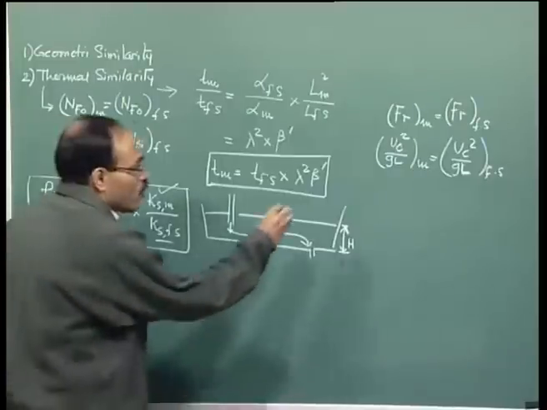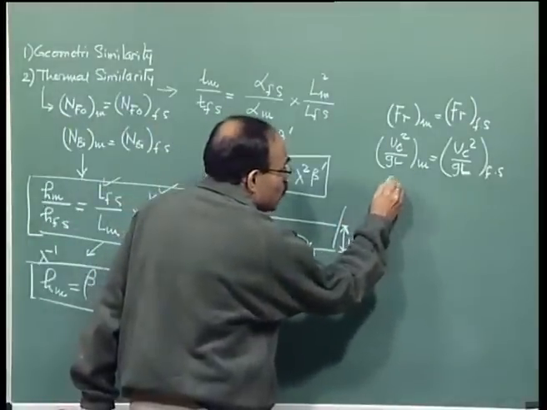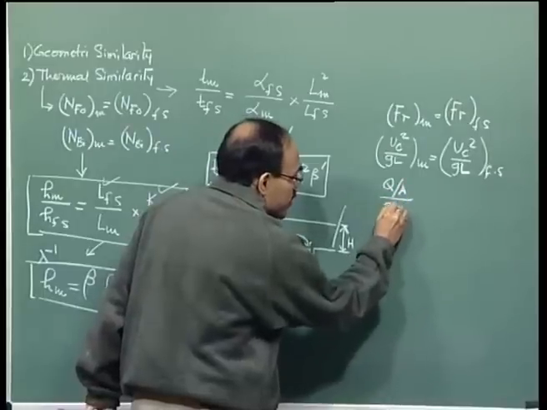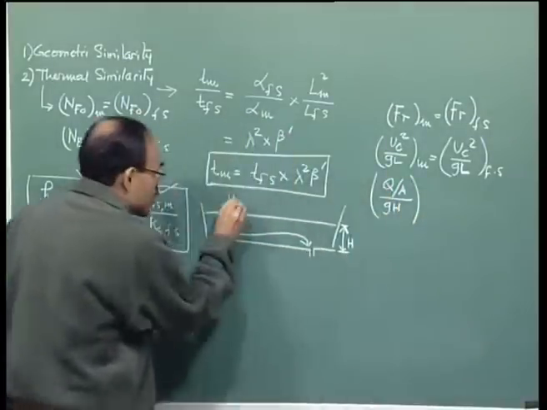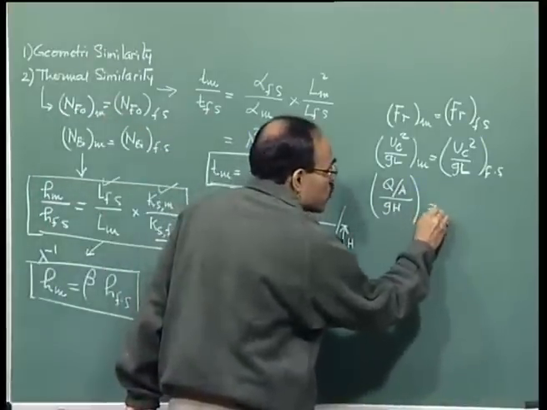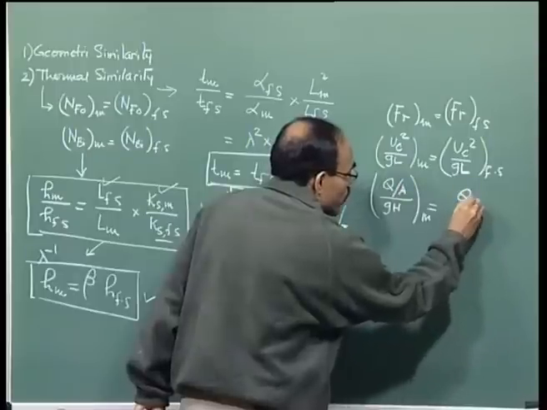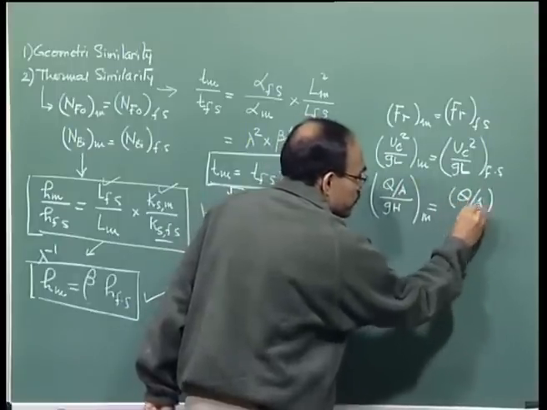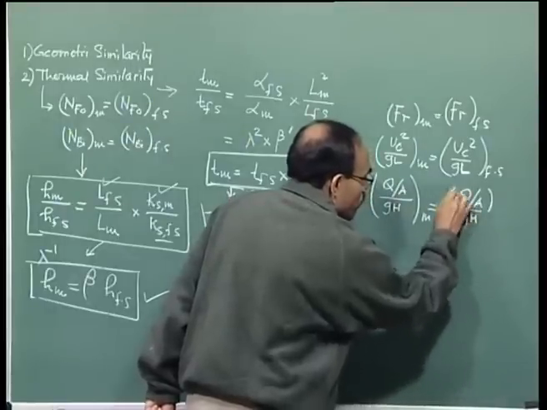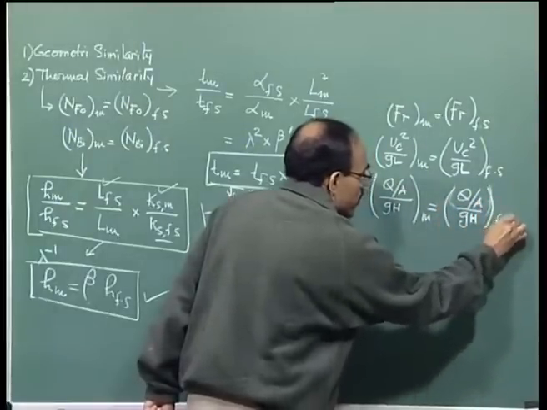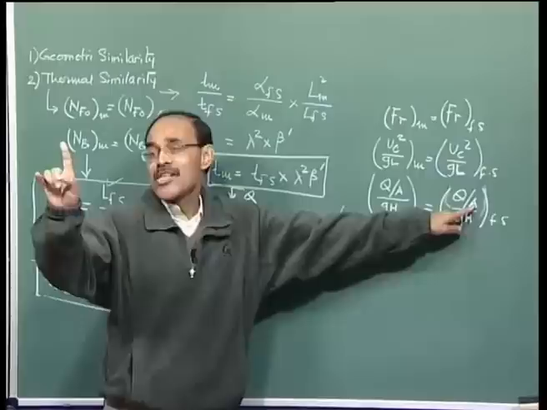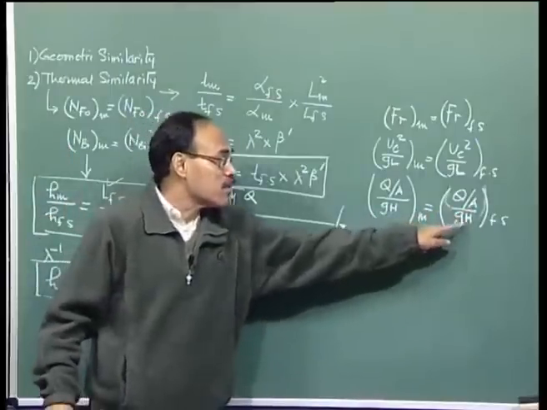So, on the basis of this we can write down Q by area of nozzle divided by gH in model, and Q represents the volumetric flow rate, and therefore, this is going to be equal to Q divided by A, divided by gH in full scale. Now, area model by area full scale is lambda square, H model by H full scale is equal to lambda.